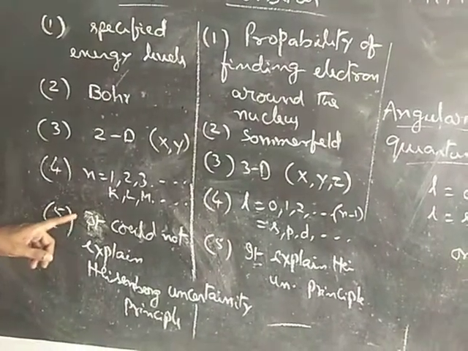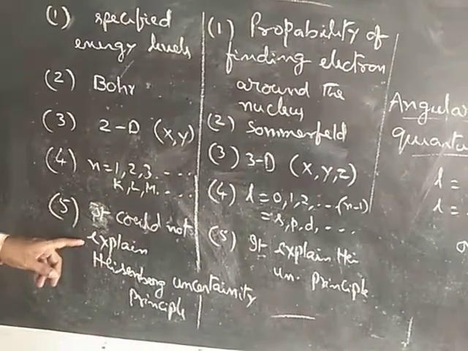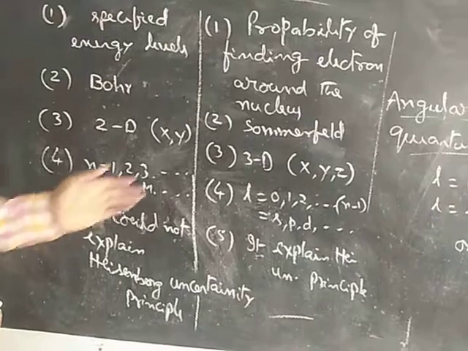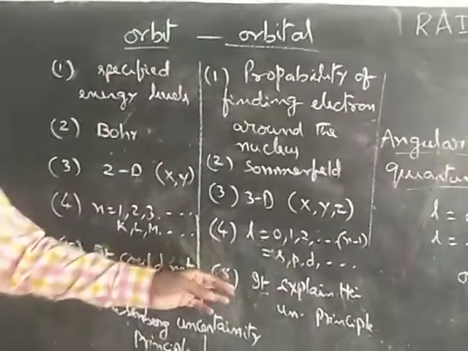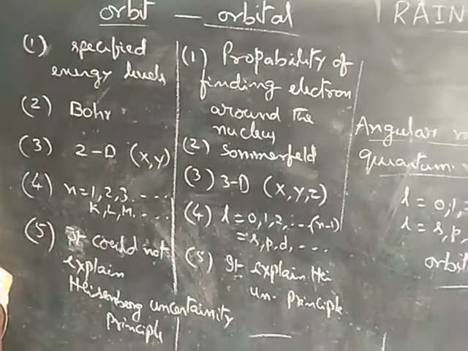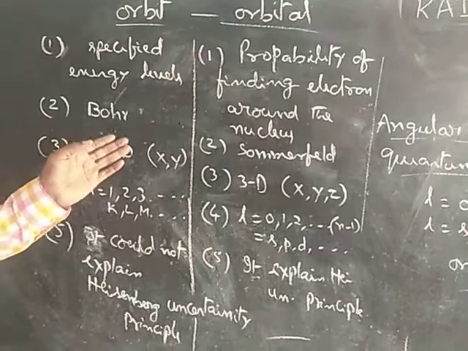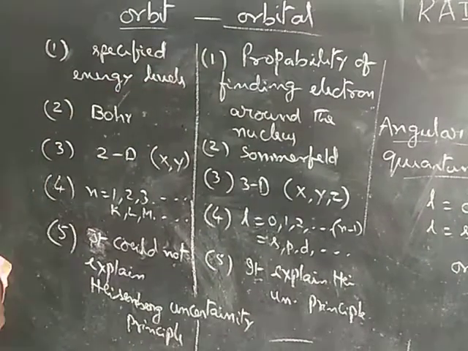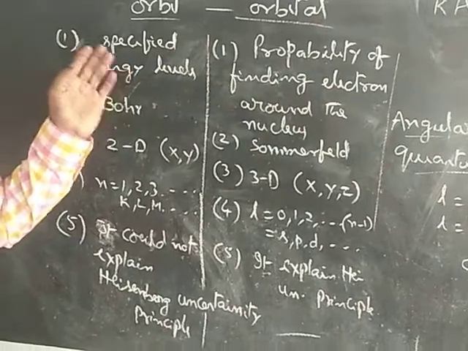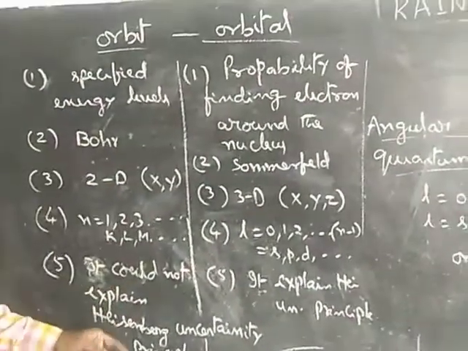Orbits could not explain the Heisenberg uncertainty principle, but according to the orbital system, the scientist Sommerfeld explained it. What is the Heisenberg uncertainty principle? While the electron moves around the nucleus, it is not possible to find out the exact position and velocity of the electron. That is the Heisenberg uncertainty principle.